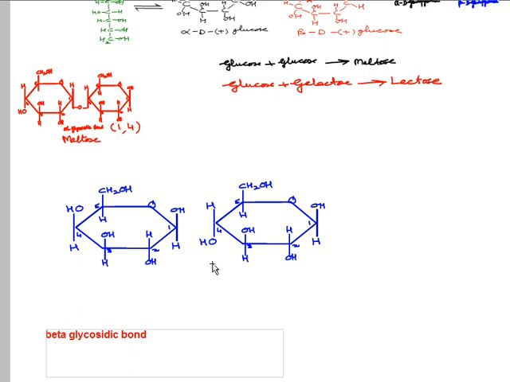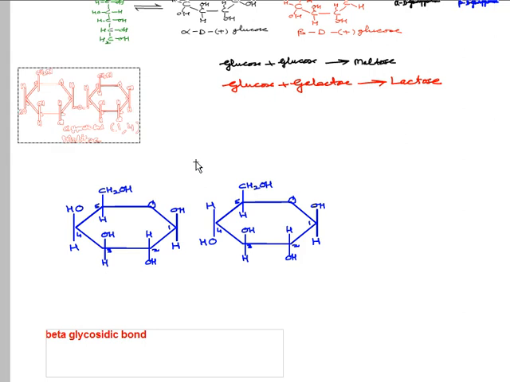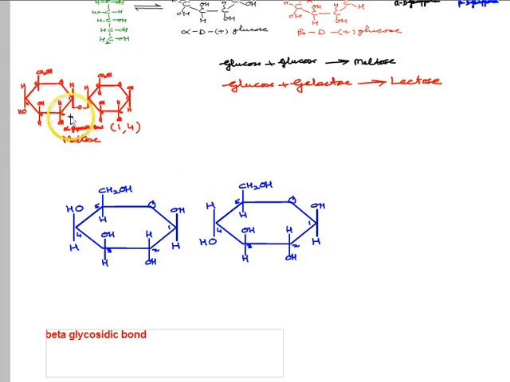Now when bonding is concerned, when a bond is formed between 1 and 4, in case of maltose we find that since both the molecules were alpha type, this bond was a 1,4 alpha glycosidic bond in maltose. But in this form, this OH and OH have different orientation.